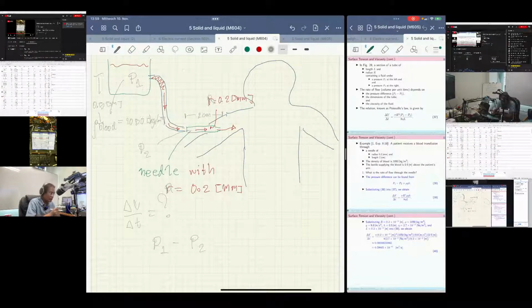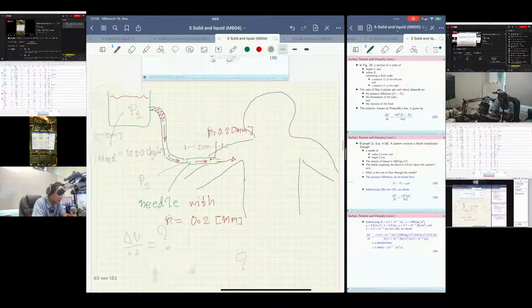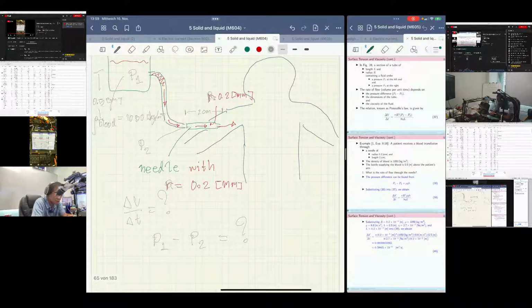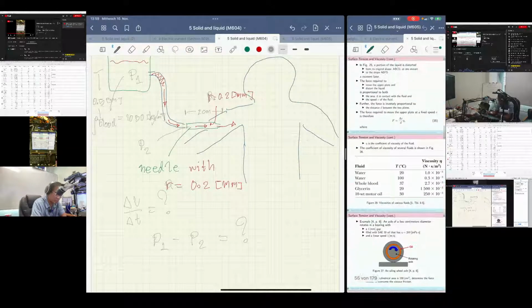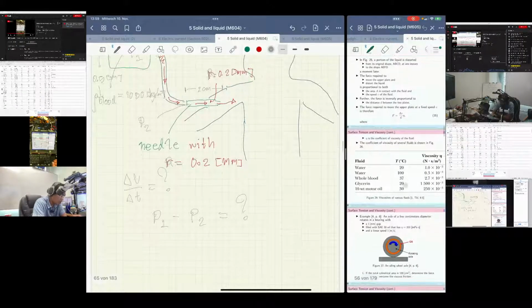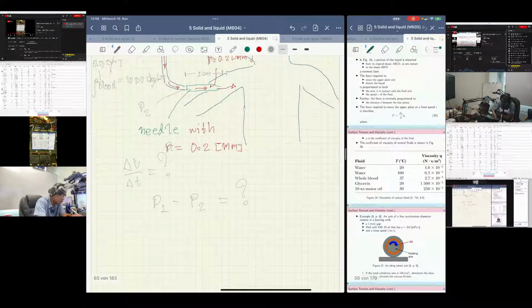So what do you think P1 and P2 are? We know the viscosity of the blood from this table: whole blood at the typical body temperature of 37 degrees Celsius.